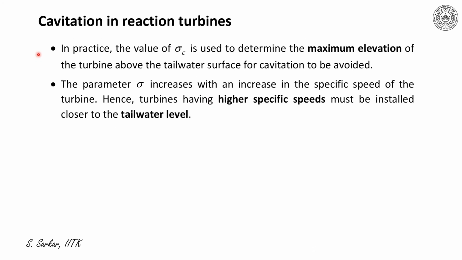In practice, the value of sigma c is used to determine the maximum elevation of a turbine above the tail water surface for cavitation to be avoided. The parameter sigma increases with an increase in specific speed, as illustrated earlier, and hence the turbine having higher specific speeds must be installed closer to the tail water level.